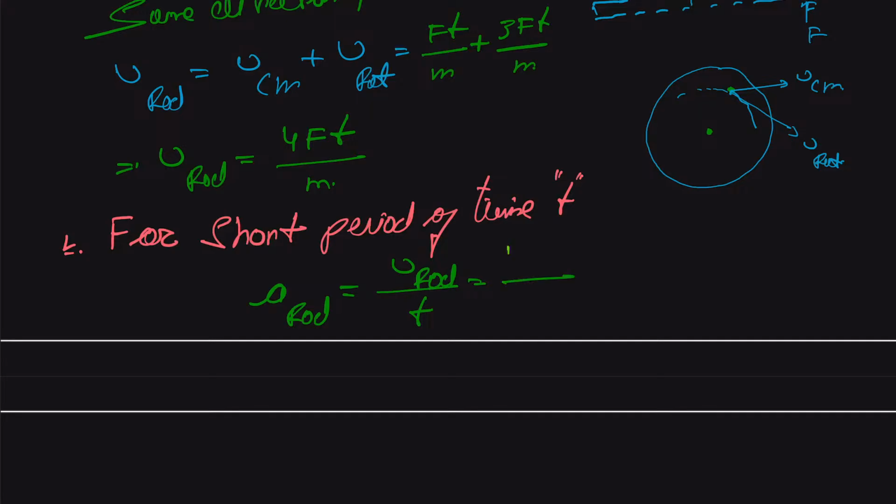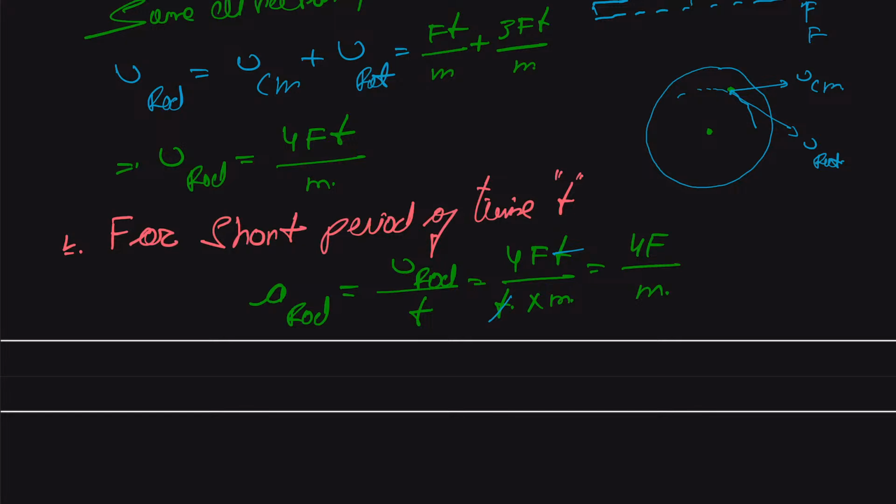So this comes as 4 Ft divided by t multiplied by m. So this t and t cancels out. So we get this as 4F divided by m.